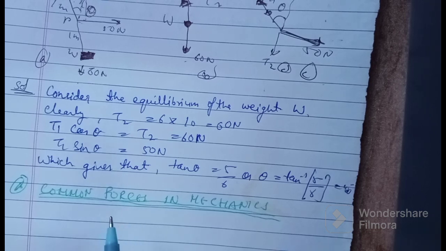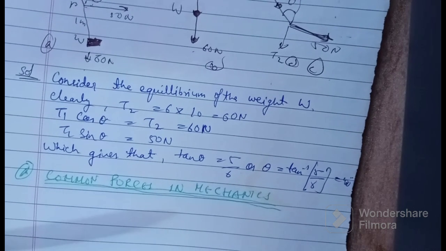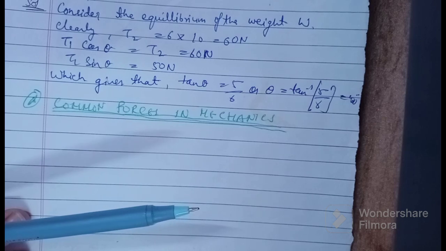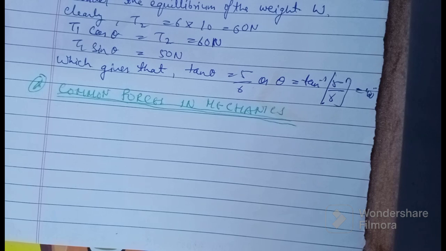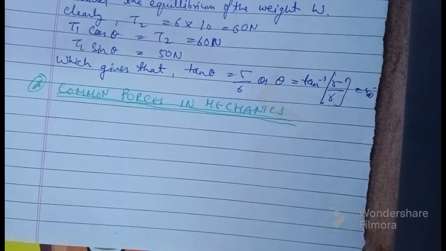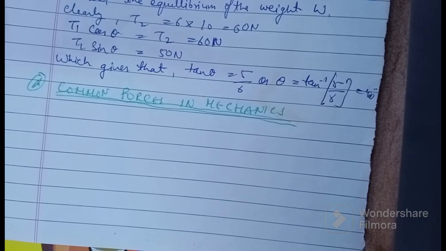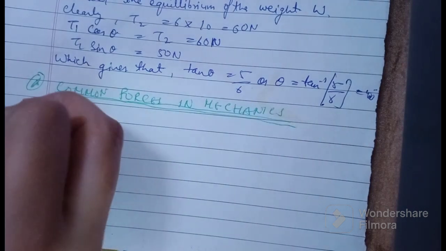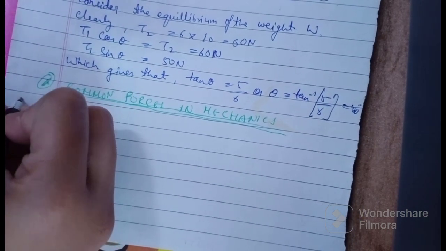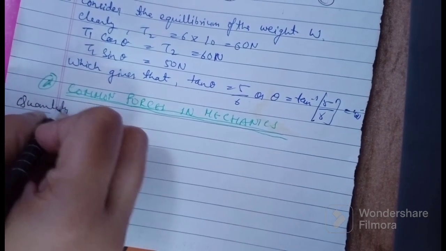But other than that, here we go for an important table, so we'll write down the quantity, the symbol, the unit, the dimensions, and the remarks as well. In the next class we'll start discussing friction. The first column we will make is the quantity.